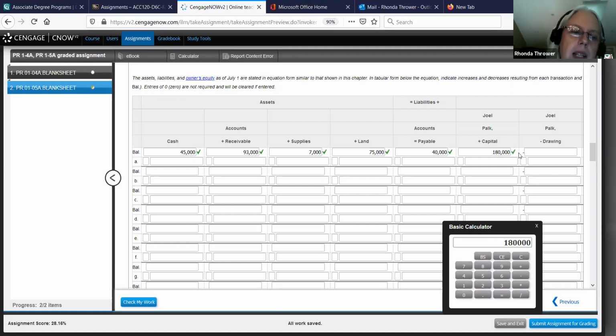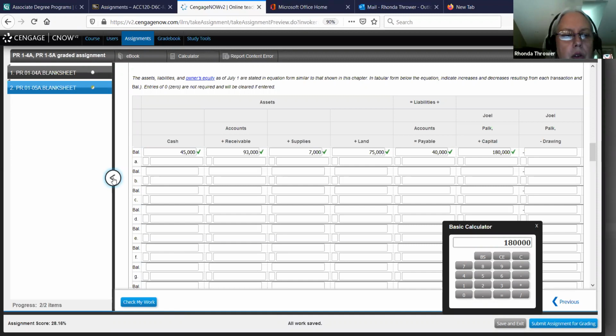So technically, the accounting equation can be restated as assets minus liabilities equal owner's equity. But if you've learned it as assets equal liabilities plus owner's equity, that works too. Either way is fine with me as long as you know at least one form of the accounting equation.